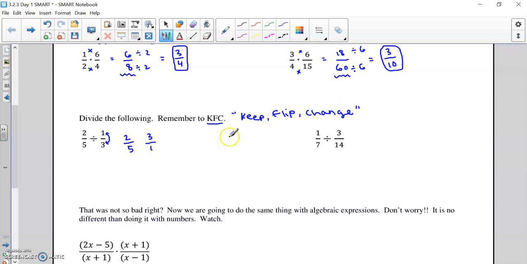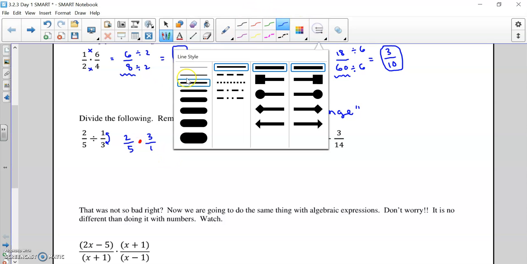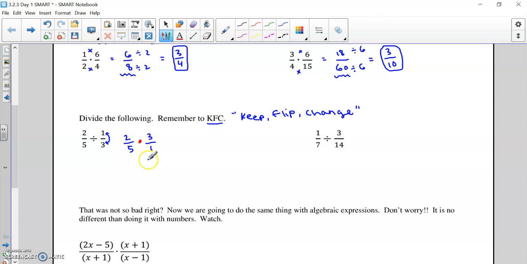And then change means that I'm going to take my division sign and I'm going to turn it into a multiplication sign. All right, so now that we have rewritten this problem to be multiplication, we can go ahead and follow our old multiplication rules, which means we can just multiply across. So 2 times 3 equals 6, 5 times 1 equals 5, and we can't simplify any further than that. So that's it for that problem.